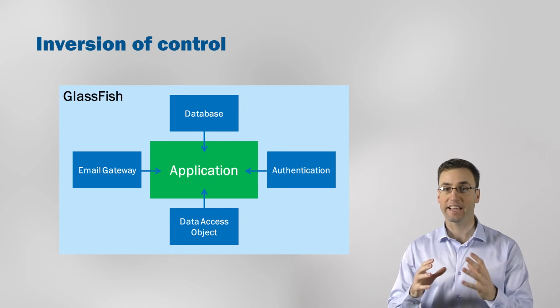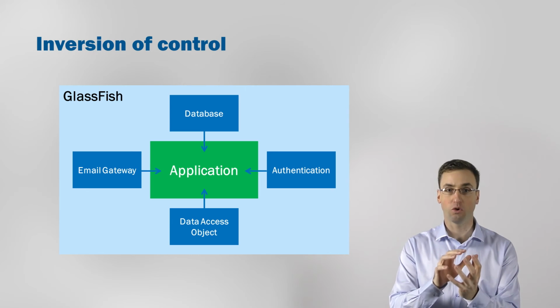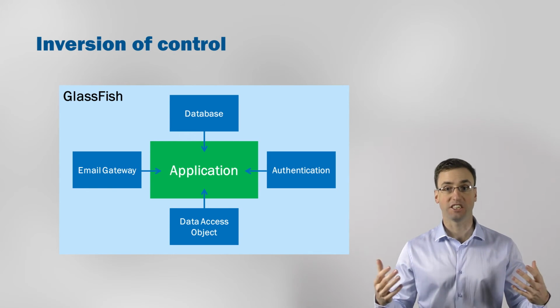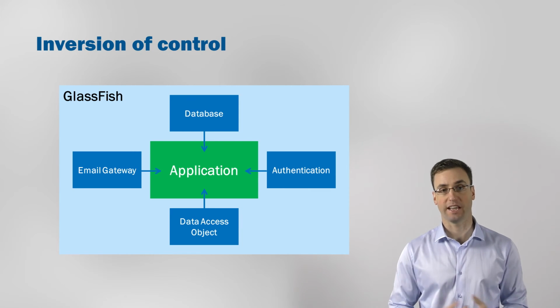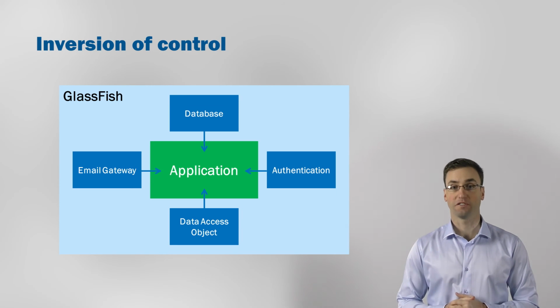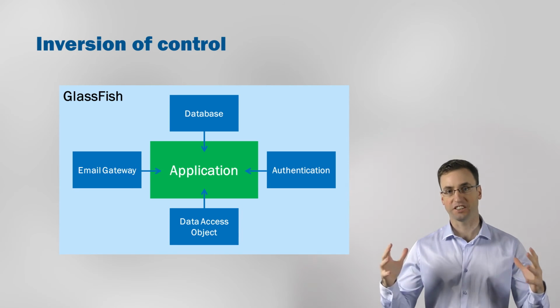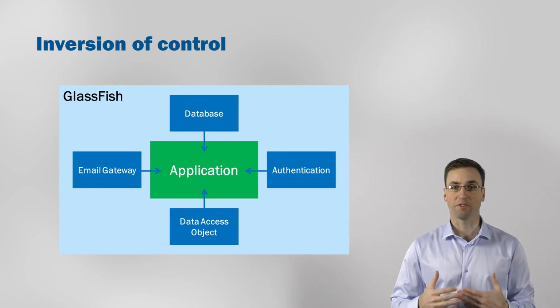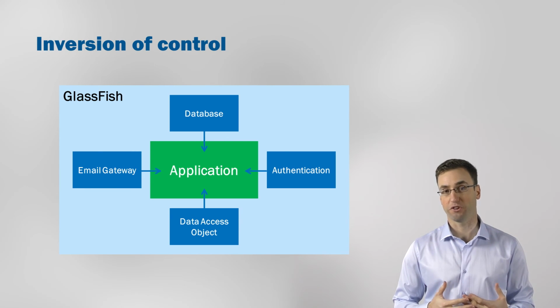In fact, the application server is responsible for instantiating all the instances of your own classes as well. Then your application simply makes use of those services that the application server has created. You can see here that with inversion of control, it looks like the application is contained inside the application server. For this reason, you sometimes might hear an application server referred to as a container.